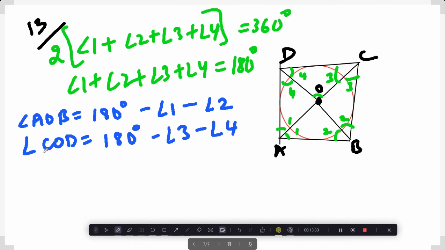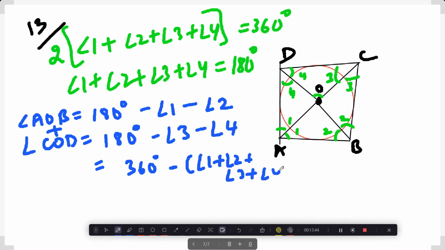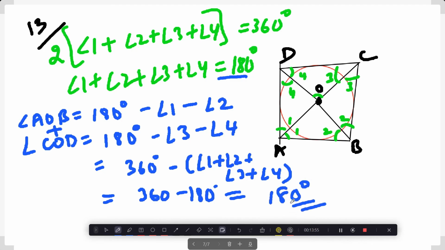If we add these two together, and what is all of this from here? 180. Hence proved.